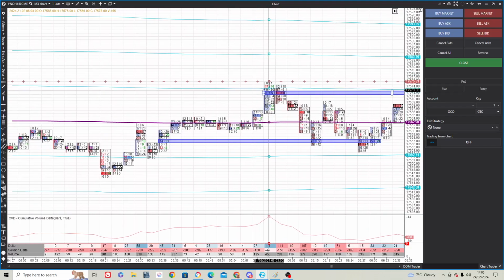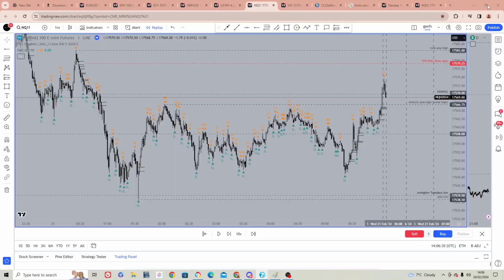That's the liquidity grab candle. It tapped the previous day's VWAP close. That's 17573. Sorry, 17575. So we'll just note that as well.